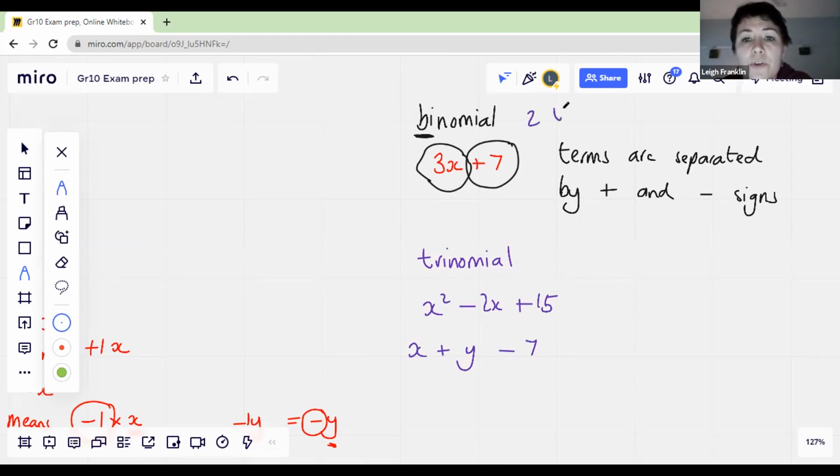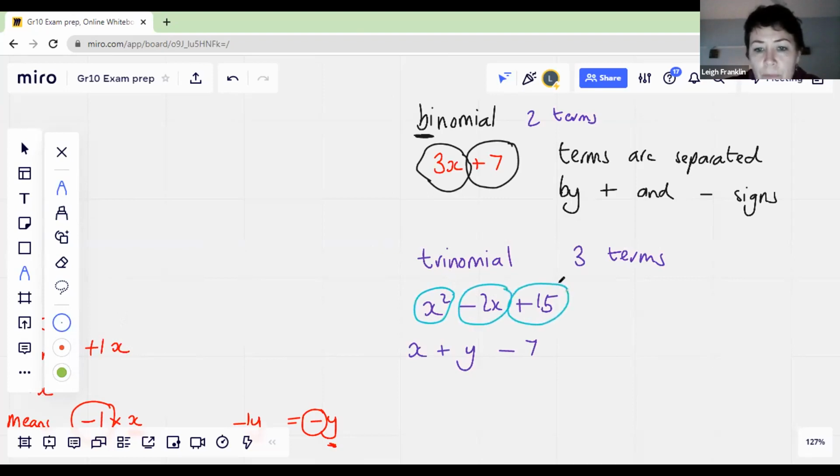Here there are 2 terms, and here there are 3 terms. Terms are separated by plus and minus signs. That's really important for us. First term, second term, third term.